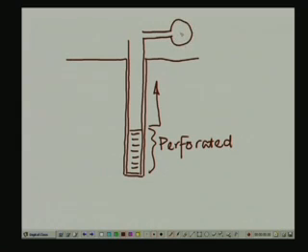So you essentially put a pump near the top of the casing, and that actually is going to allow the water to be withdrawn from the aquifer.